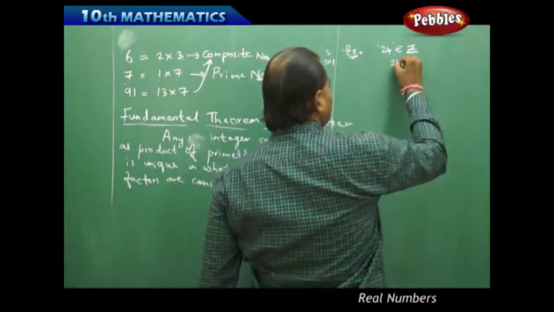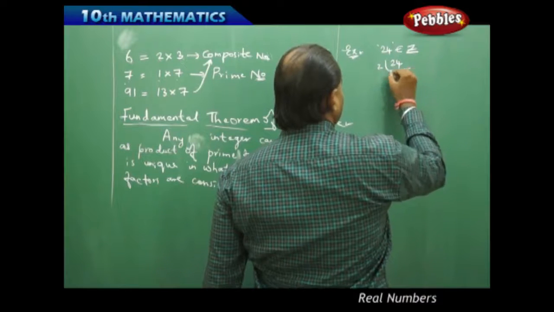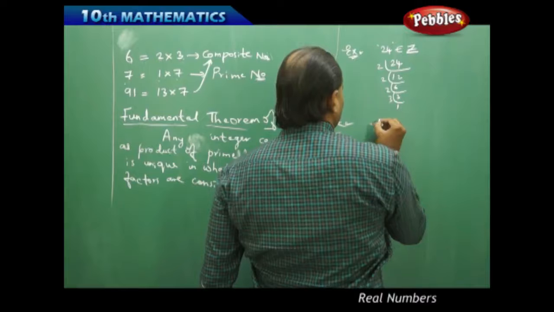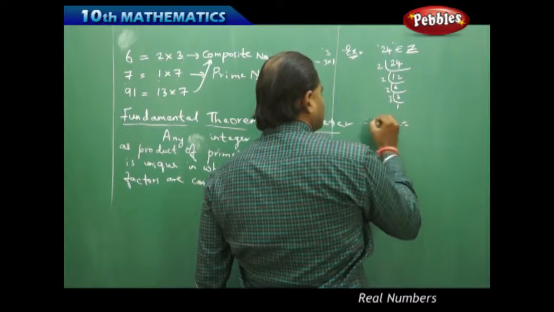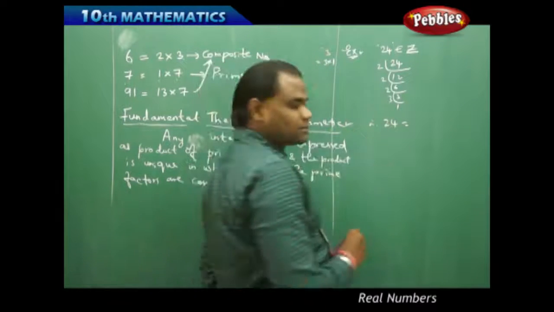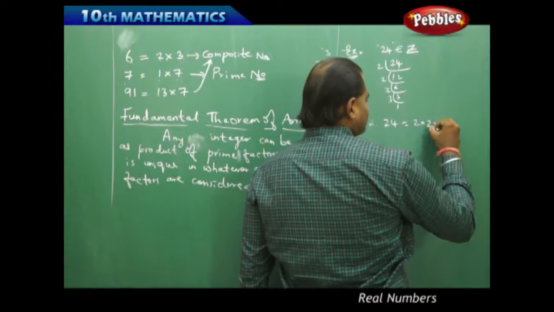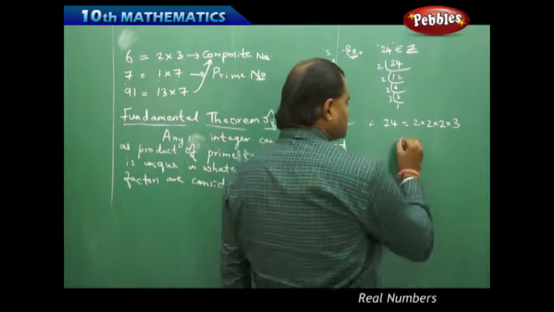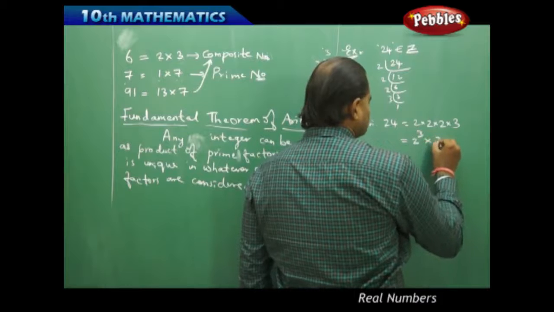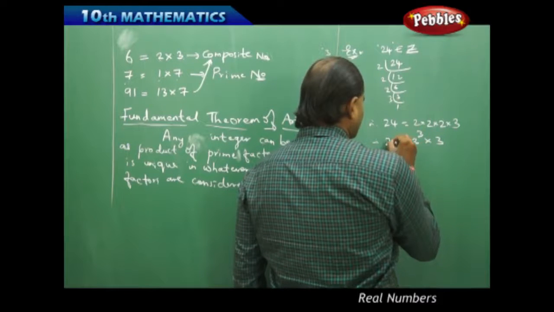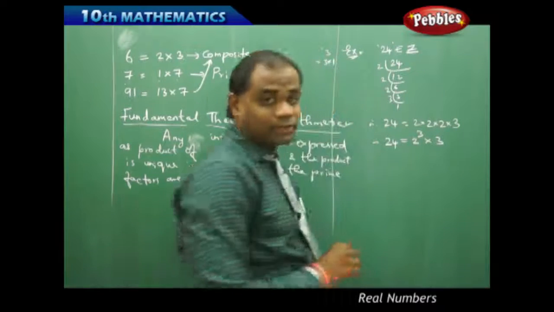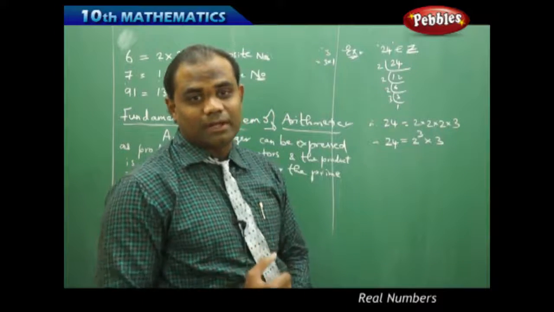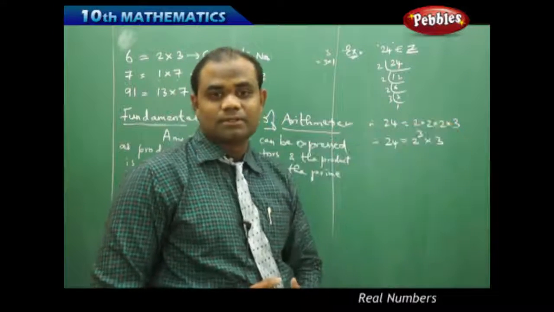So I have 24, then starting with 2, 24 can be written as 2 times 2 times 2 times 3, which in turn gives me 2 cubed times 3, where each factor is identified to be a prime number. 2 and 3 are prime numbers.